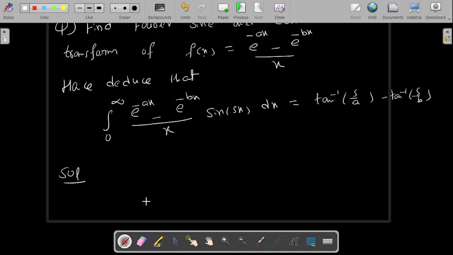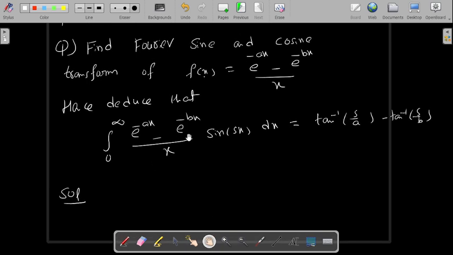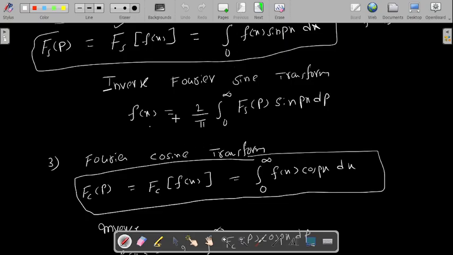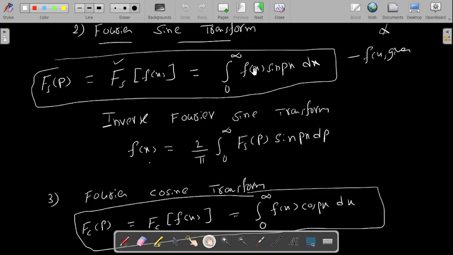So now the solution. First we will try to find the Fourier sine transform, as the question says. What is the formula? Just now we wrote the Fourier sine transform formula: integral 0 to infinity f of x sin px dx.